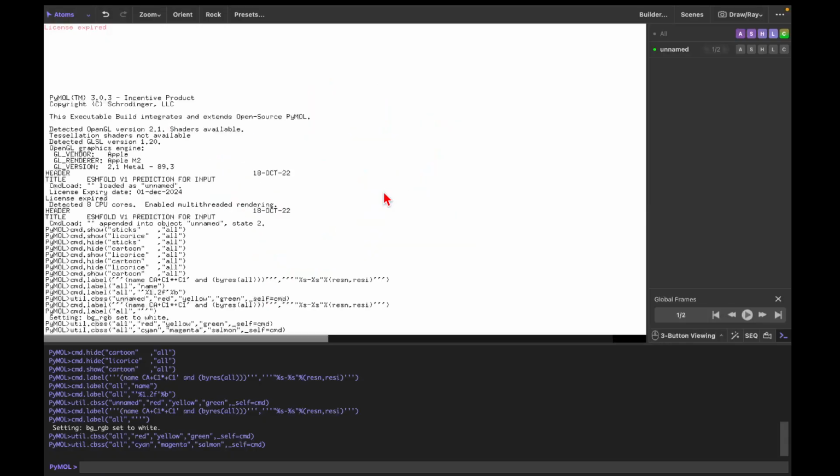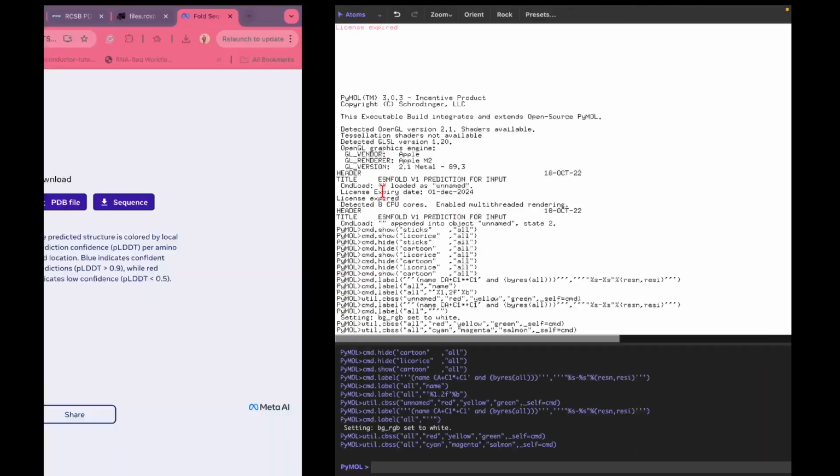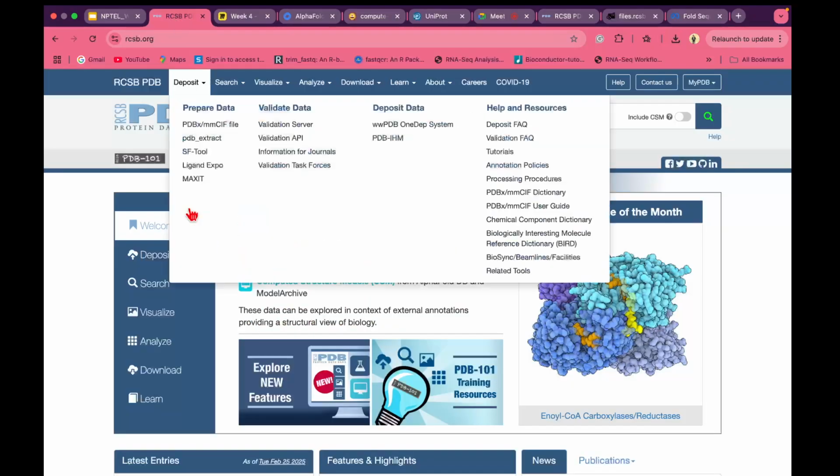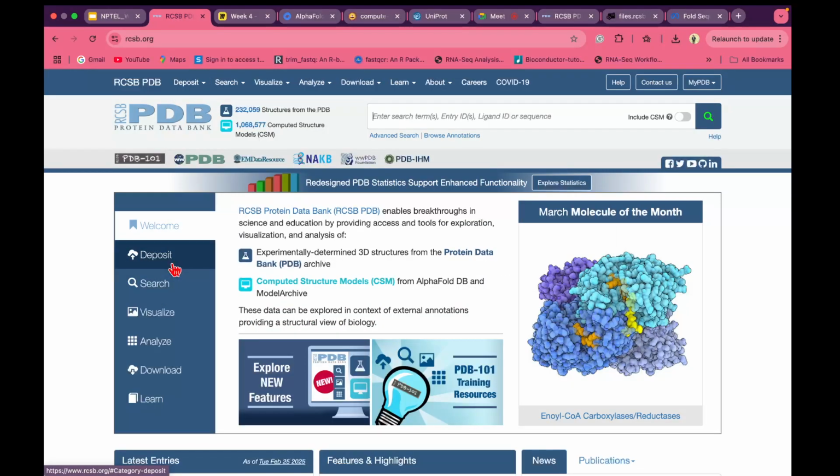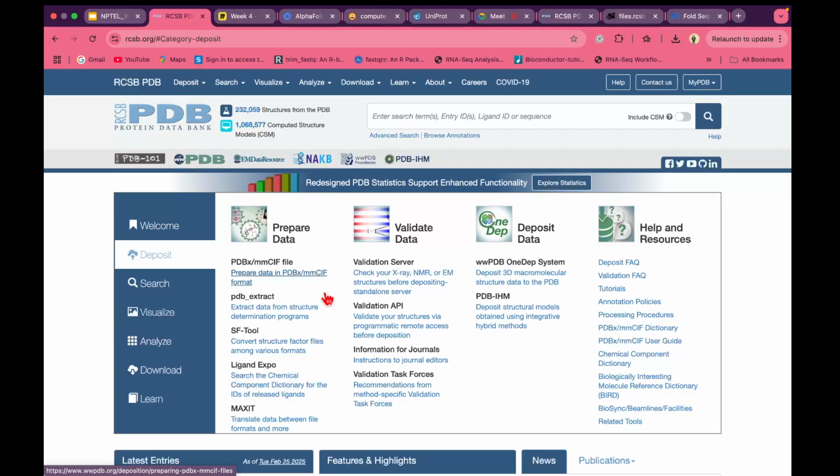If the paper is published or the work is done, PDB has a deposit option. If you feel you have determined a better structure than the existing structure of the protein, you can deposit here. You have different information, and based on this information, if your protein structure is novel, you can deposit here and just provide a PDB ID.